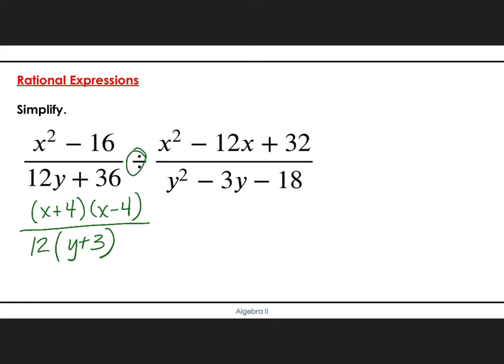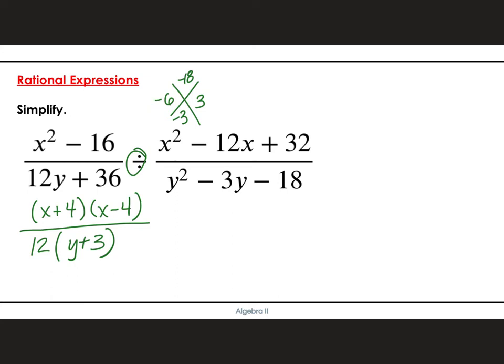This is a division problem, so that means I'm going to flip the second fraction. So I want to look at the bottom first. The bottom is asking me what multiplies to give me negative 18 but adds to give me negative 3. Well, I know 6 and 3 is 18. I need it to be negative, so I'm going to make the 6 negative.